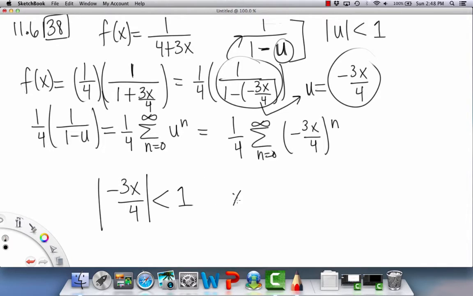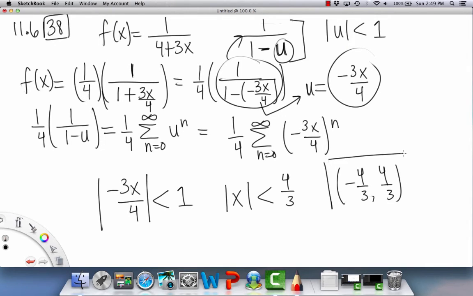Essentially, our absolute value of x has to be less than 4 over 3. And again we're centered at 0. So our interval is going to be negative 4 over 3 to 4 over 3. Okay, and that is our interval of convergence. All right.